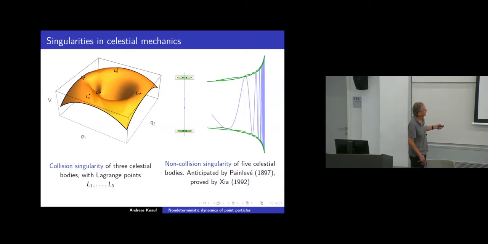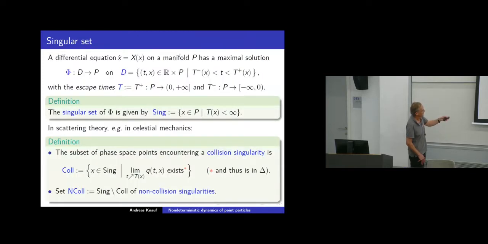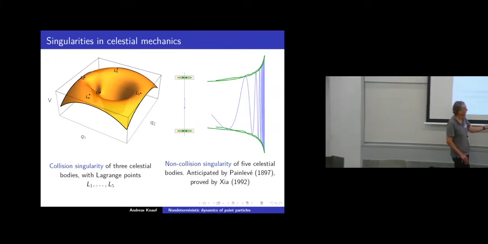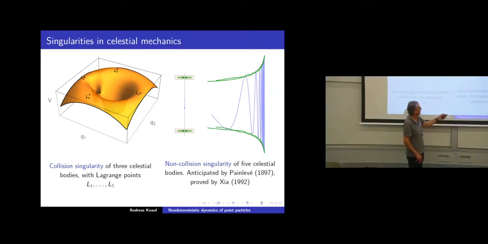Everything is going to the right so that you can see something in the picture. But basically, what you see is that everything then goes asymptotically near the singularity, near T plus, on straight lines.